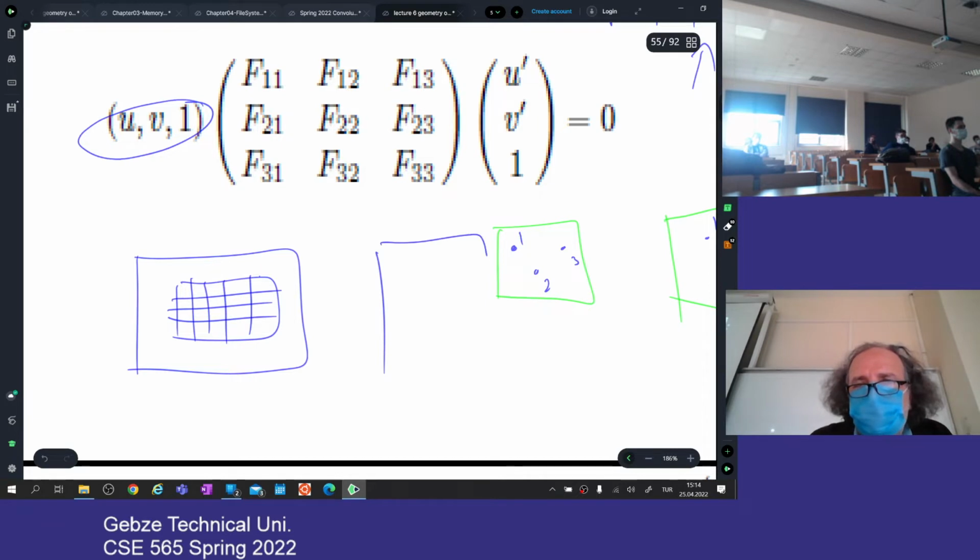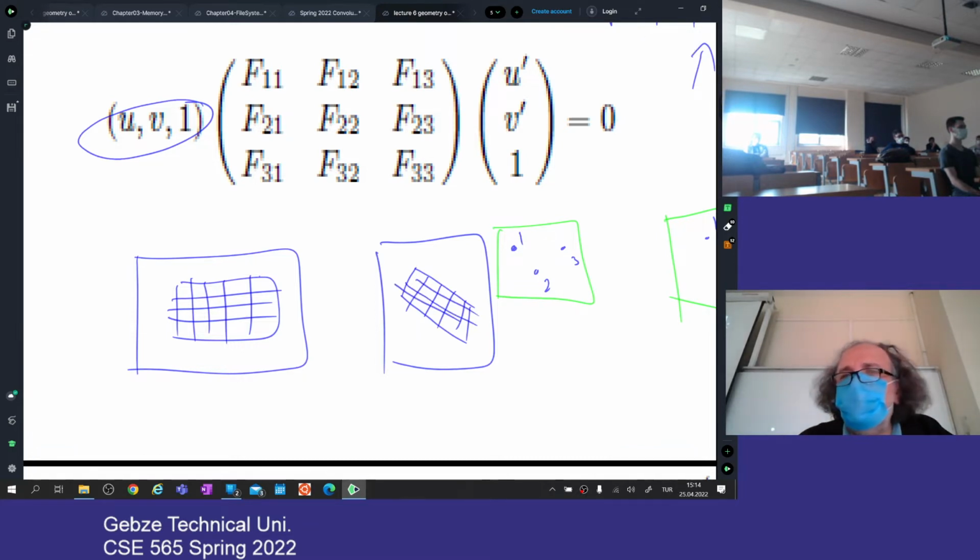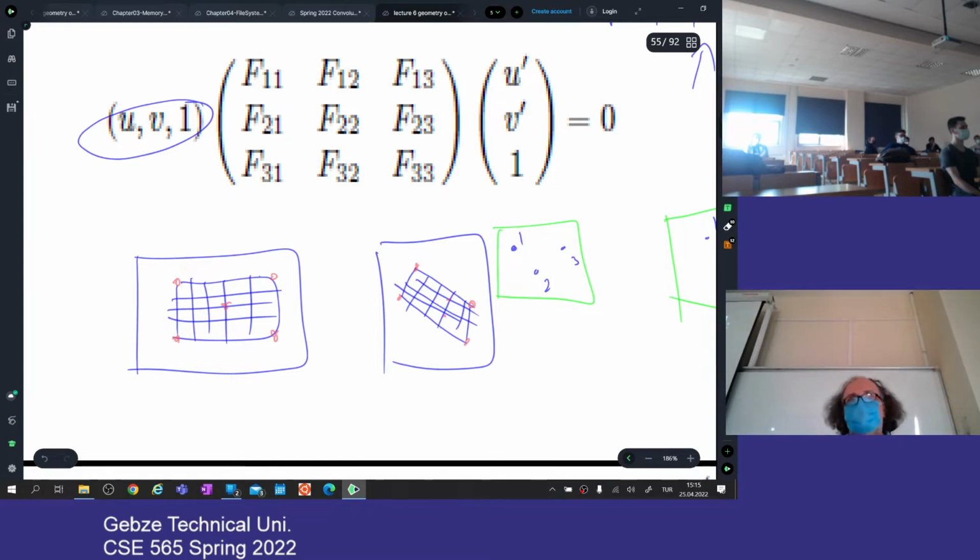On your right image, this is the same checkerboard. And ask OpenCV to find the checkerboards for you. OpenCV will tell you, okay, I found the corners. These are my corners, and the same corners are here again. OpenCV will give you the correspondences between these corners and many other corners too. So you have many correspondences between left and right image.